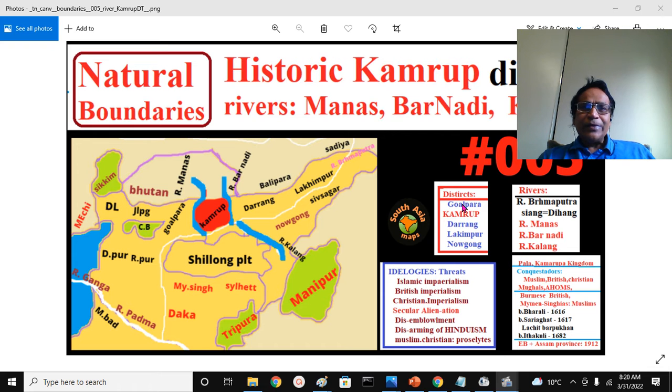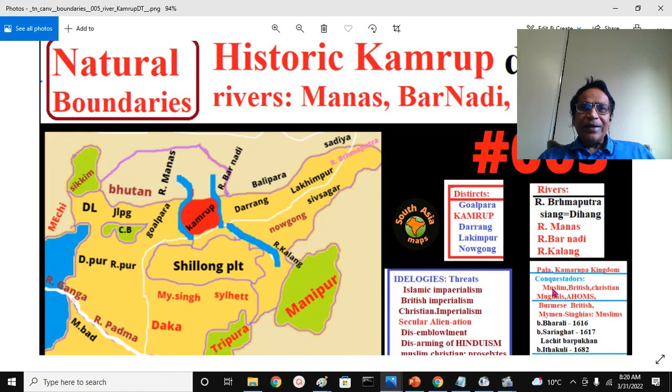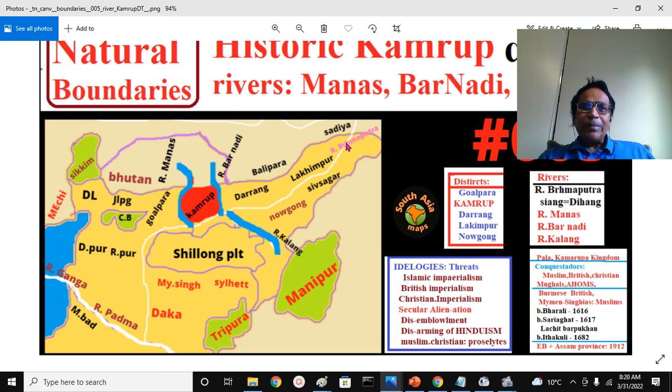A couple of districts: Goalpara district, Kamrup district, Darrang district, Lakhimpur district, and Nowgaong district here, and the rivers, the Brahmaputra river, also called Siang river or Dihang river in the Arunachal region. We have the rivers Manas, BarNadi, Kalang.